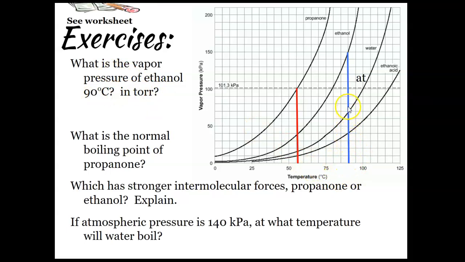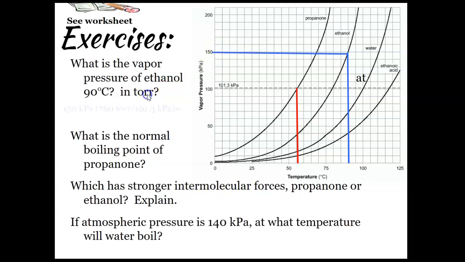I follow this line all the way up until it touches the ethanol line. Be very careful about this, that you actually touch the ethanol line and you don't look at water, or ethanoic acid, or propanone. You look at ethanol. Once I get to that, I can follow it across and I find it is 150 kPa. But it wants it in torr.